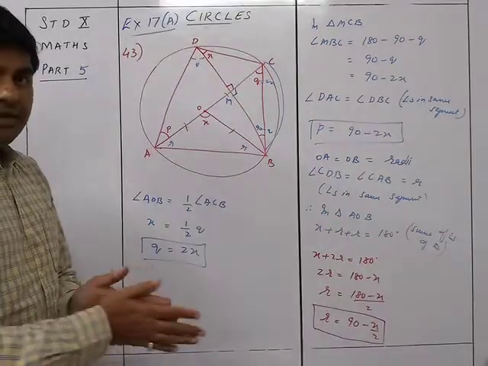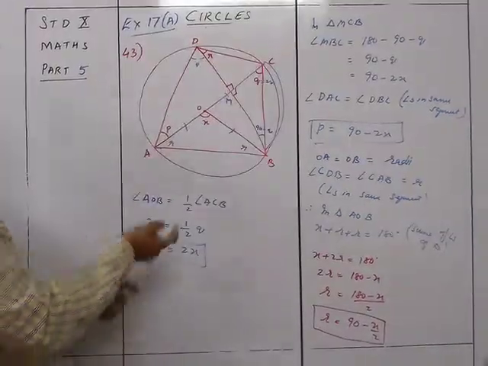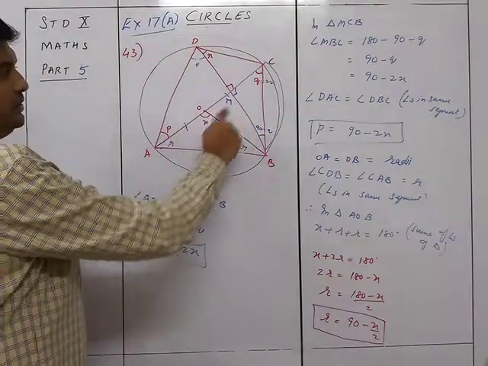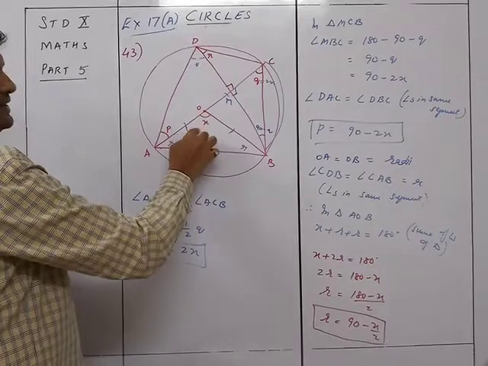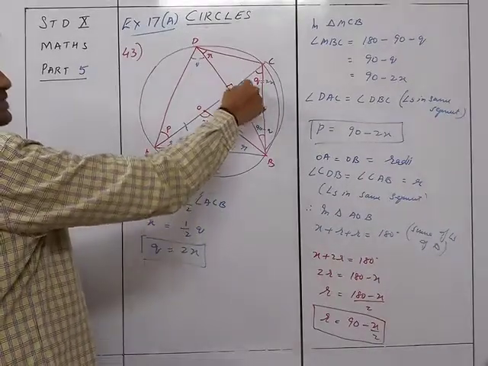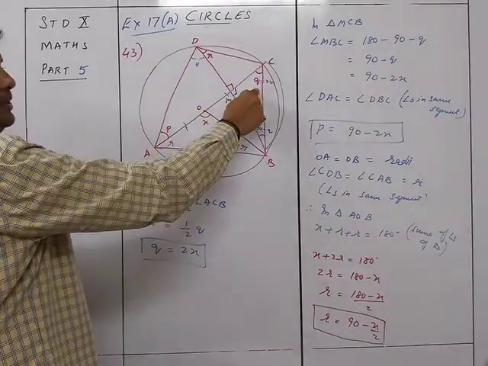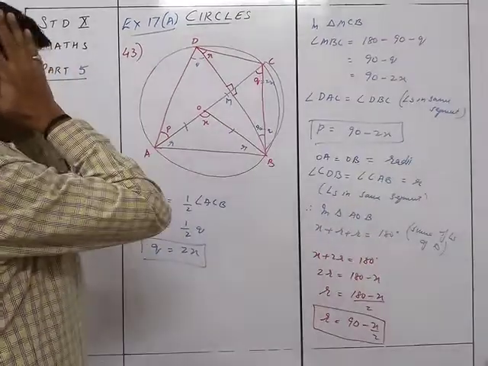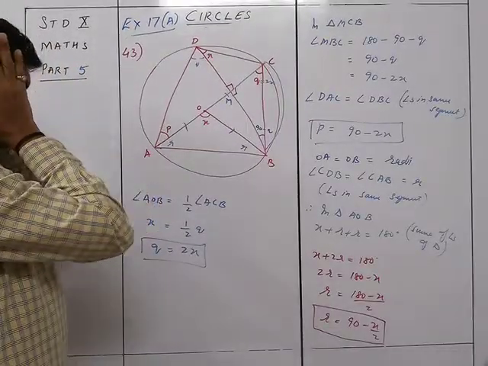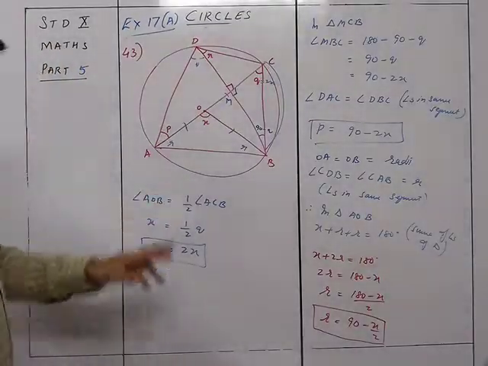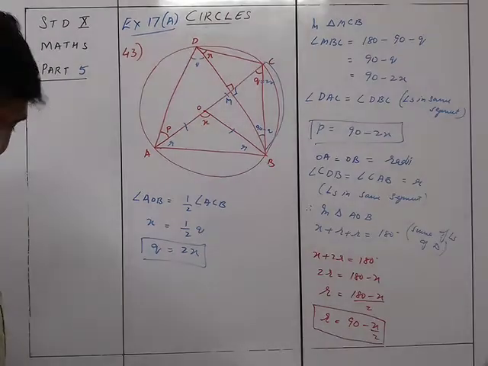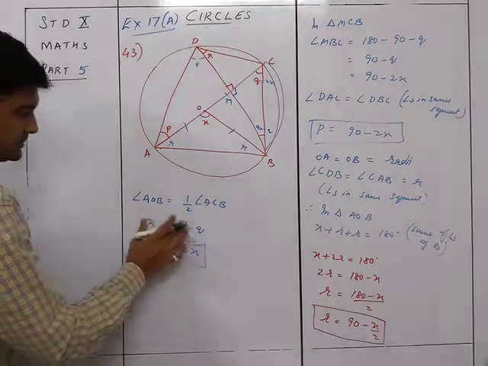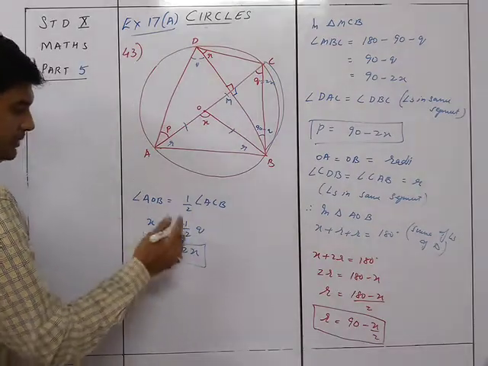Understood? I'll show it once again. X is here, Q is here. So x is at the center, Q is at the circumference. So you double this. Oh no. Okay, mistake over here.